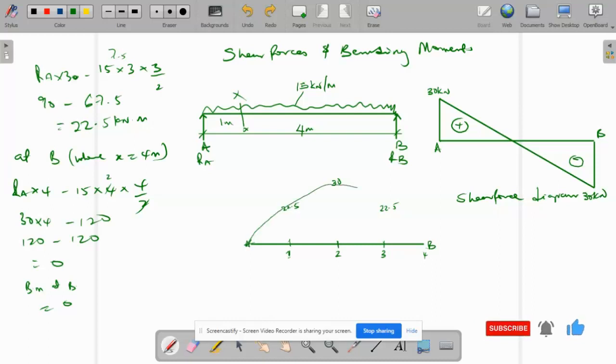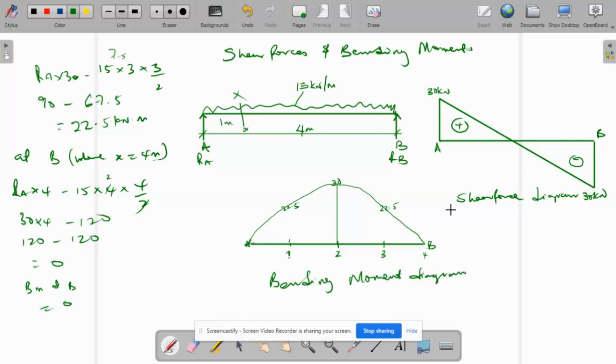This is parabolic, and the maximum bending moment is at this point, which is 2 meters. So we've been able to label this as our bending moment diagram. These are shear force diagram, and this is our bending moment diagram.